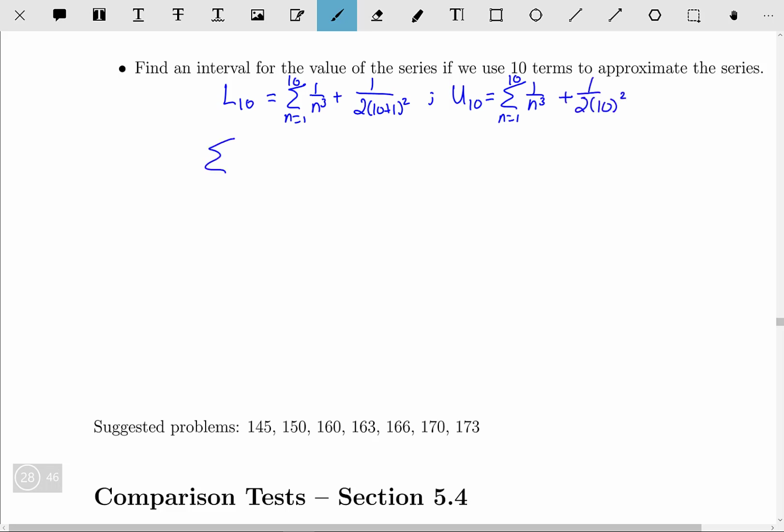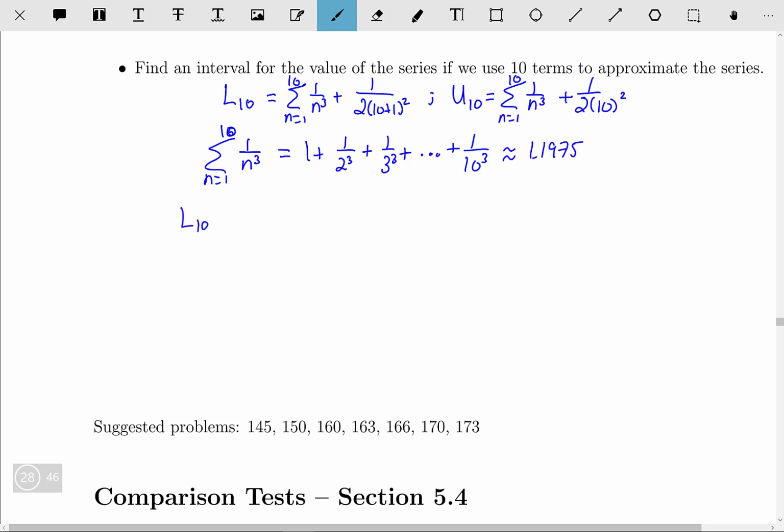So I guess the first thing I'm going to calculate is the summation from n going from 1 to 10 of 1 over n cubed. That's 1 plus 1 over 2 cubed plus 1 over 3 cubed, all the way up to 1 over 10 cubed. And my handy-dandy calculator has told me that that is approximately 1.1975.